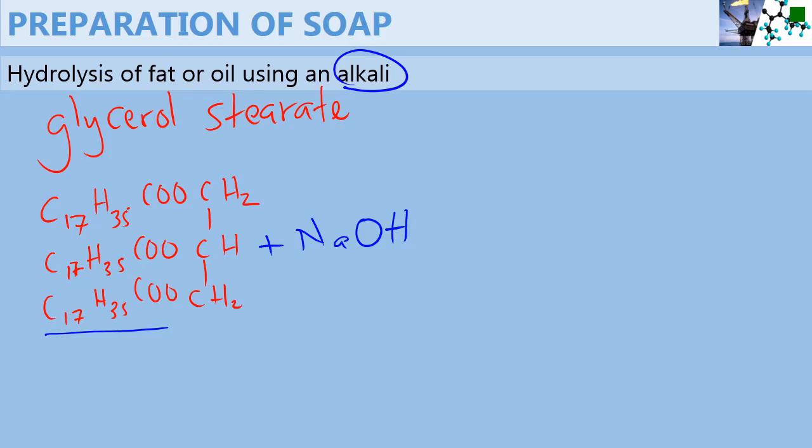So in this case, when these two react in the presence of water, a hydrolysis reaction takes place to form the soap and an alcohol called glycerin or glycerol. The formula of the soap is given here.